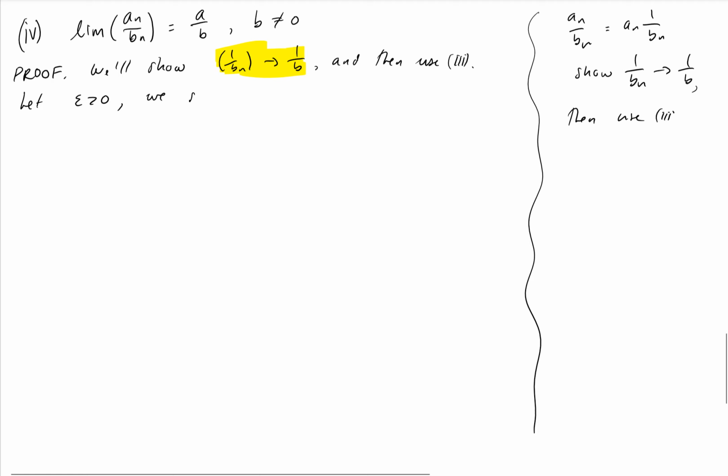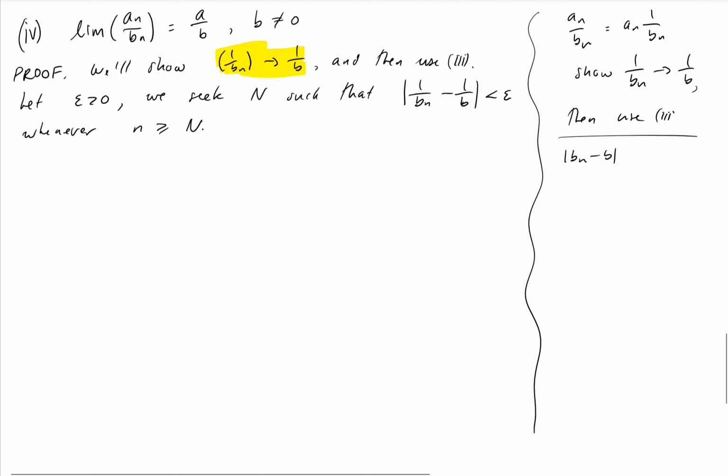We seek N such that absolute value of 1 over b_n minus 1 over b, substituting in for our sequence term and our candidate limit, is less than epsilon whenever little n is greater than or equal to big N. And we know that b_n converges, so we want to get b_n minus b involved somehow, so that we can make that as small as we like, and then maybe something good will happen.